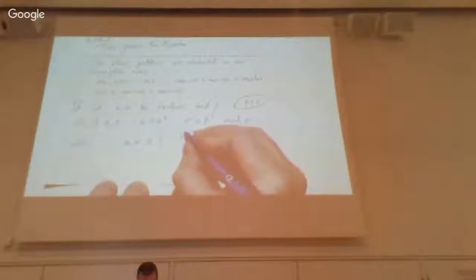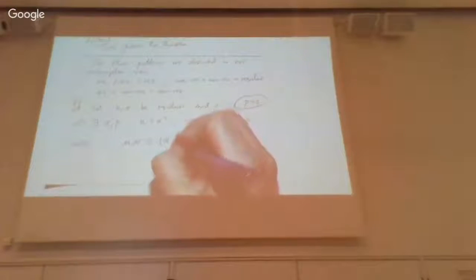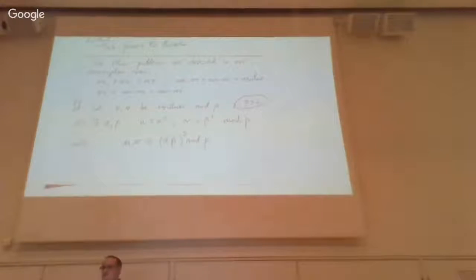Is u times v a residue? If you claim it's a residue, you're tempted to answer yes. You have to tell me what goes in, what fills in the blank, what goes in the bracket. It's very much a case of saying what you see. Alpha, beta, yeah. What are we using there? We're just using basic properties of multiplication modulo p. If alpha squared is u, beta squared is v, alpha squared times beta squared, well, that squaring operation, you can take outside and apply it to the product alpha beta.